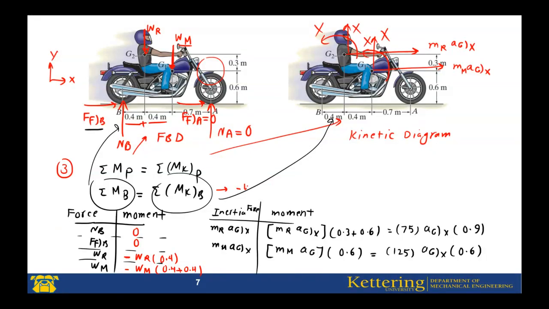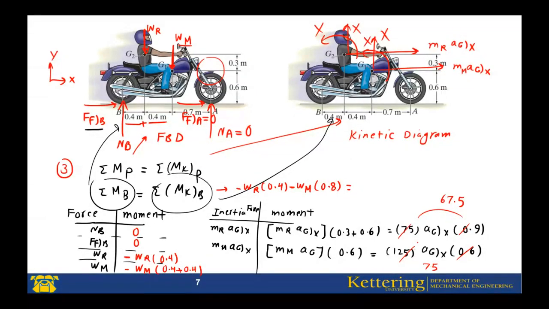If I want to write, this will be minus WR multiplied by 0.4 minus WM multiplied by 0.8. 75 multiplied by 0.9, this by this will be 67.5. 125 multiplied by 0.6, this by this also will be 75.